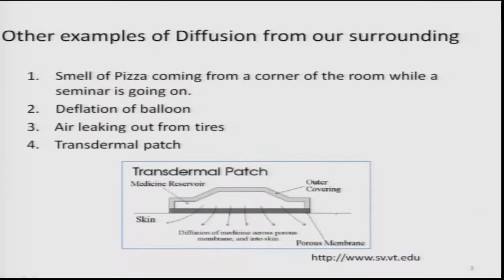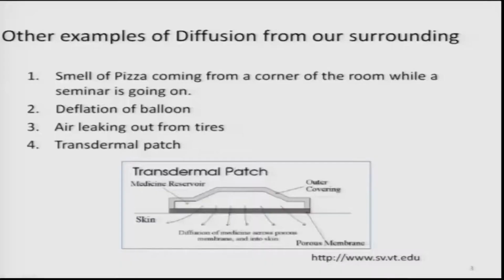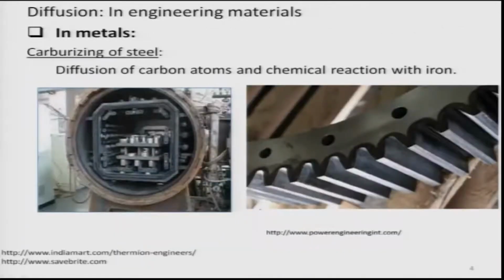This is the way we can locally transfuse some medicine into the body. So, this is nothing but a diffusion of a liquid, because medicines will be in liquid form, and it will be transported via this membrane into the body. But in industry there are many more examples.